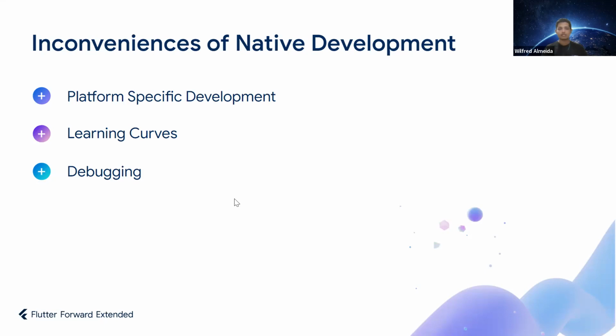If you are a company that wants to develop an application, you have to hire developers for your Android part, you have to hire developers for your iOS part, and then both of these developers have to stay in sync, on all of the release cycles and what features are shipped.